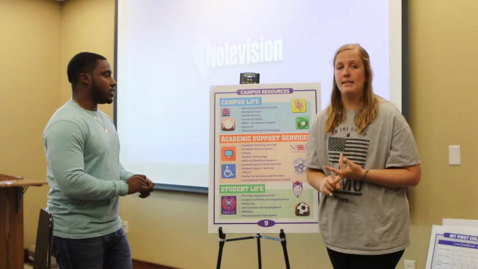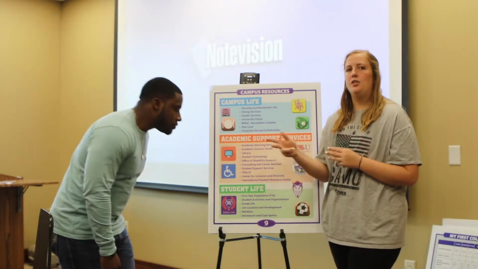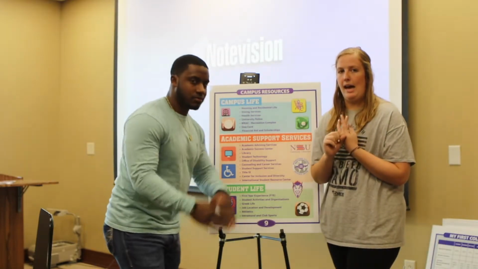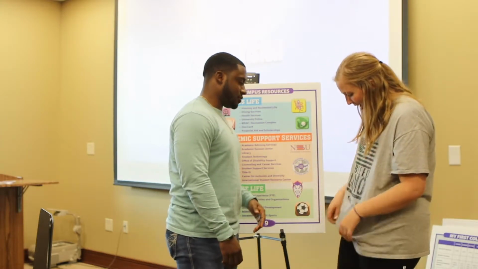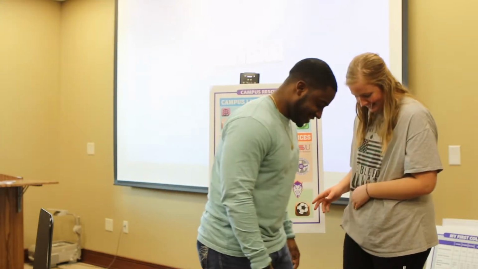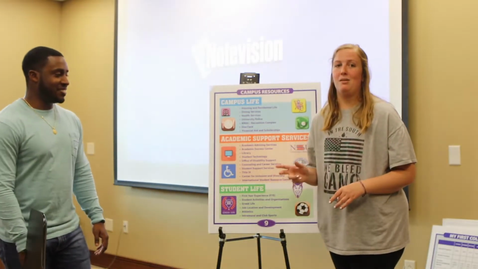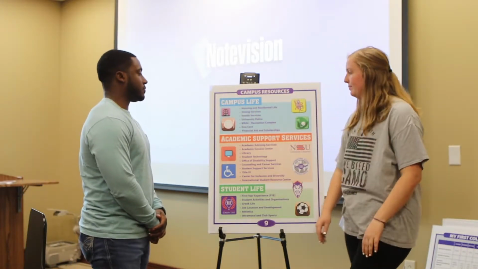Columns is our apartment style living. There's a full kitchen in each little room. And then Varnado is actually traditional style. There are communal bathrooms on each floor, and the men and women are sectioned off.